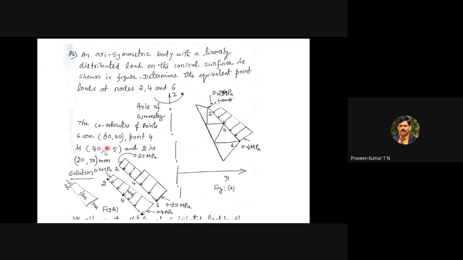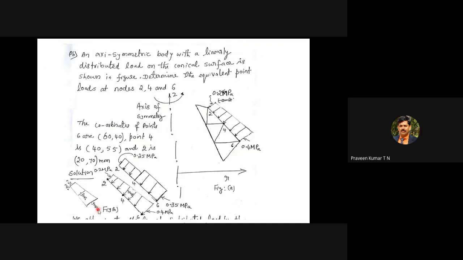They have given the coordinate points: node 6 is 60, 40, node 4 is 40, 55 and node 2 is 20, 70.